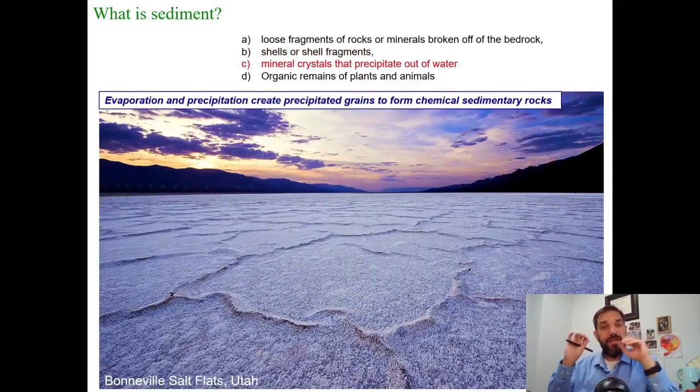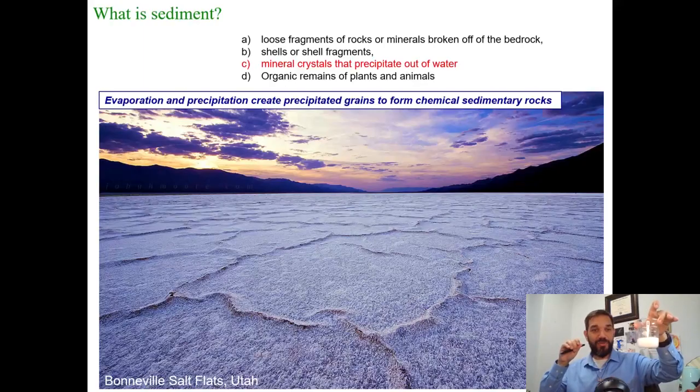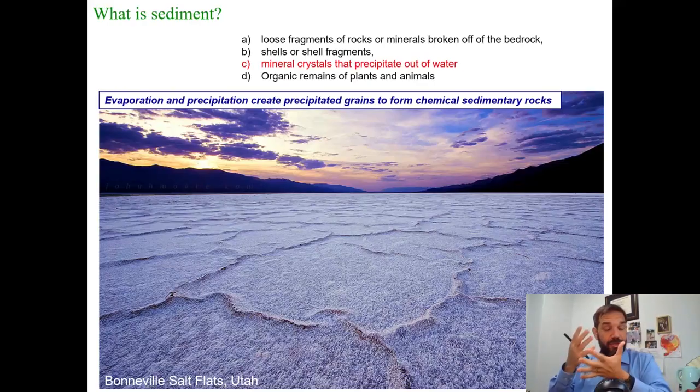What creates this material? It's this process that I showed you. That's called precipitation, and another thing that plays a role here is evaporation. You could imagine if I left this beaker out for a month, all the water would evaporate and I'd be left with the chemical precipitates at the bottom, and that would become a sedimentary rock.